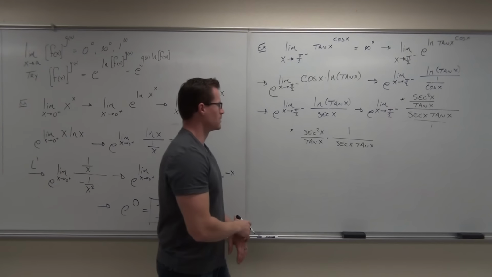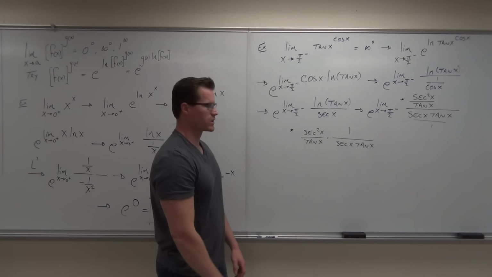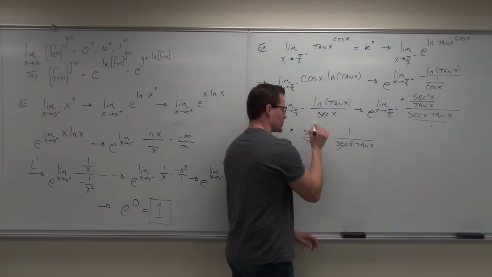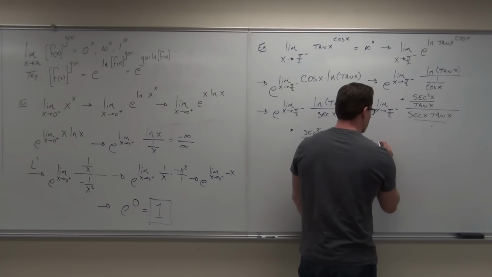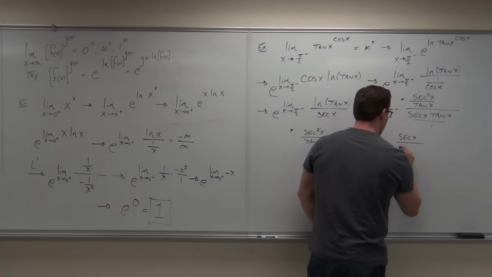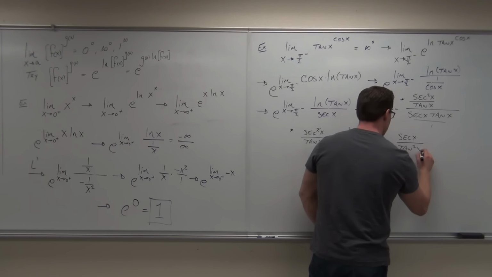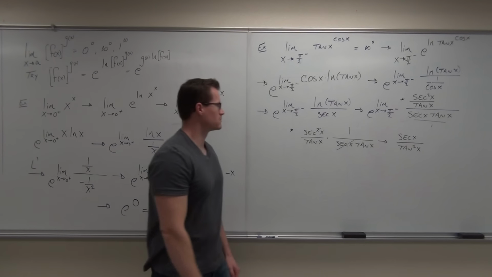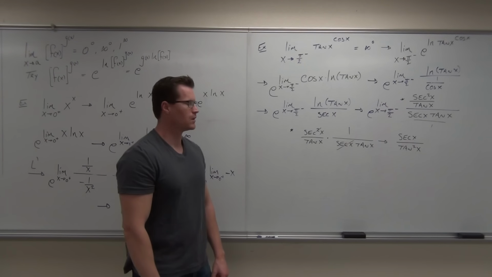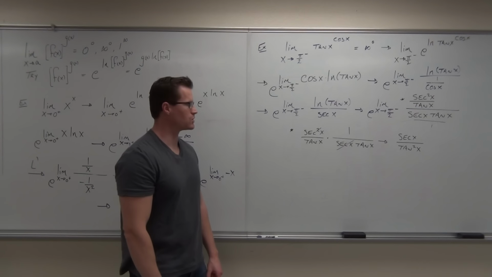Cool, all right. Let's do it. What's going to happen? Secant 1, secant 2, gone, almost gone. So we'll have secant x over tan squared x. You guys okay with that one? Now here's an issue.